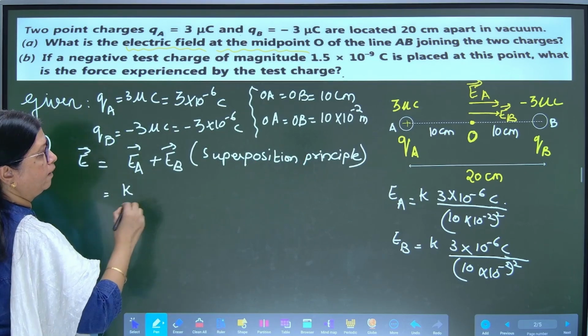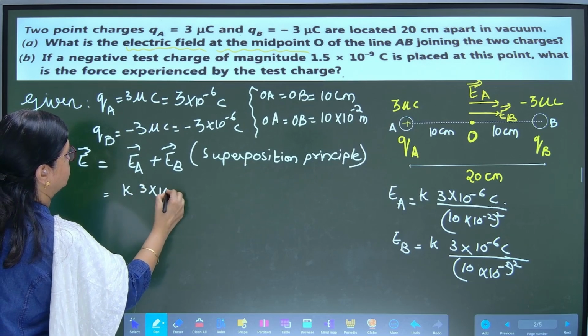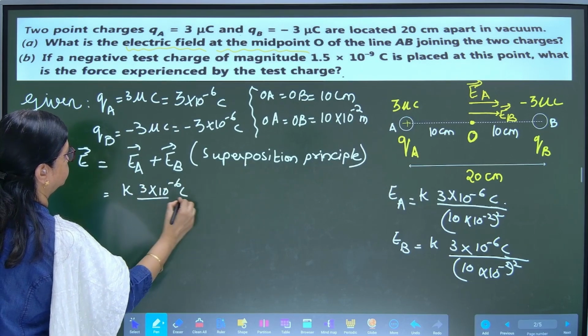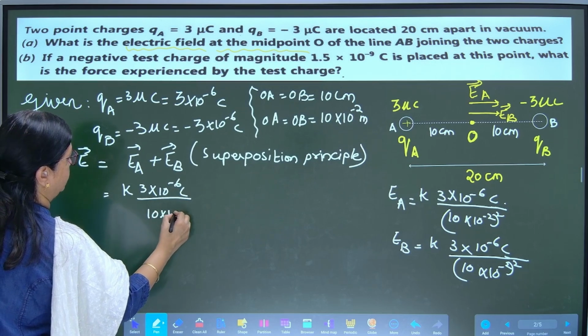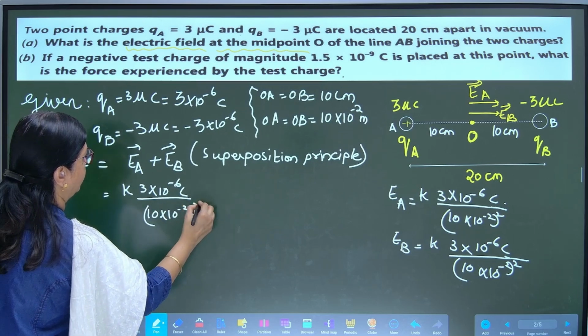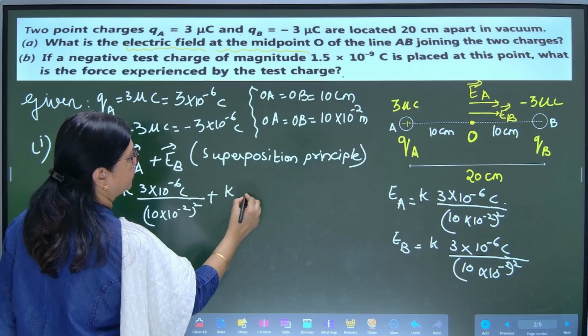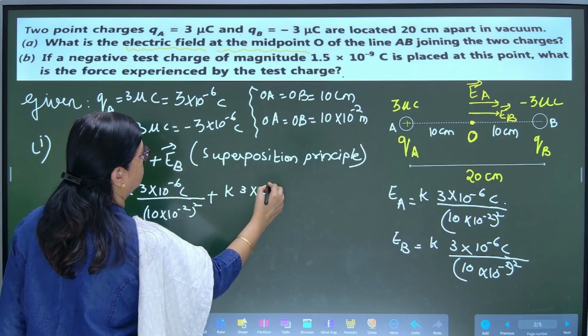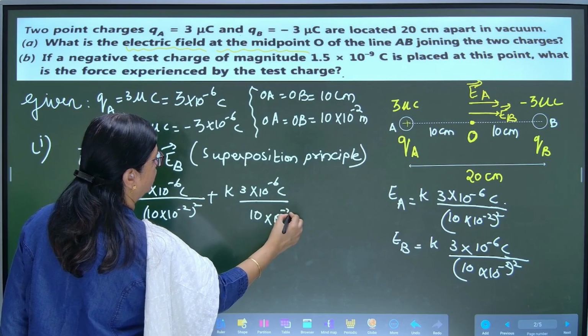K times 3 into 10 raised to minus 6 coulomb upon 10 into 10 raised to minus 2 whole square, plus K times 3 into 10 raised to minus 6 coulomb upon 10 into 10 raised to minus 2 whole square.